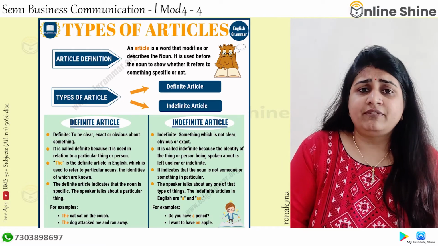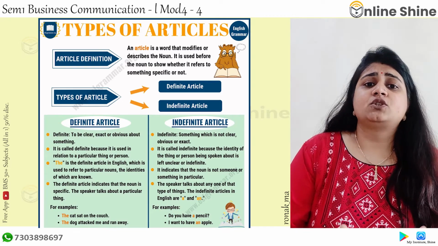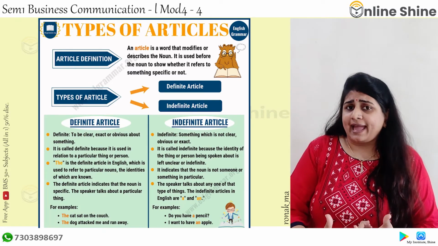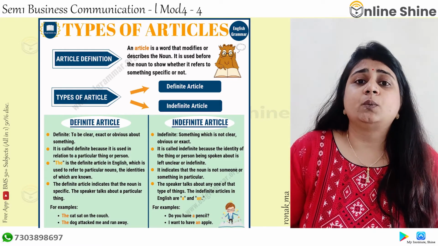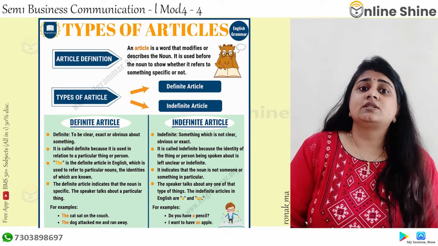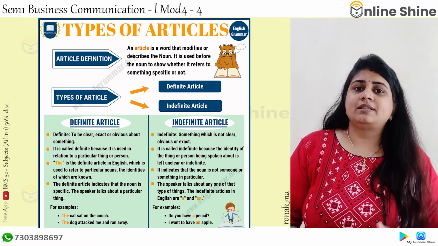So whenever we are talking about something, a, an and the specify and give more importance to the nouns. The difference between a and an: they are used for generic things, and an is used when words start with vowels a, e, i, o, u. But if the pronunciation of these vowels does not give you the right kind of sound, then you use the generic consonant article, that is a.